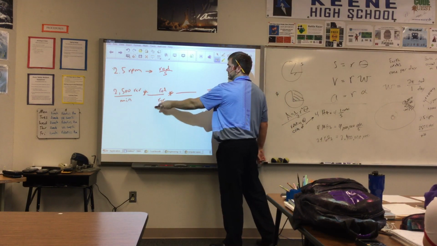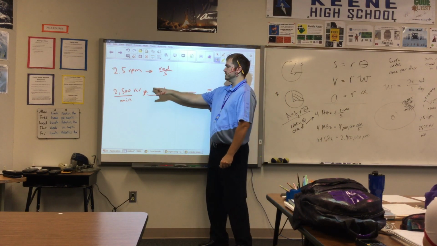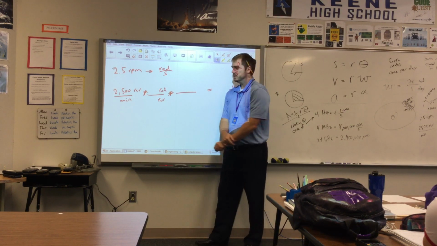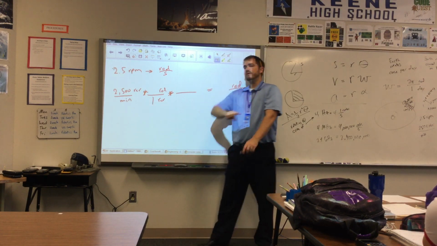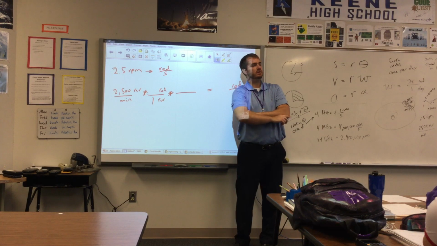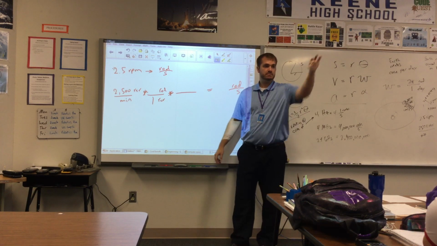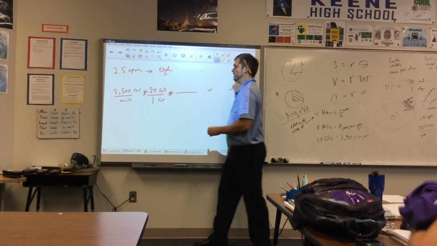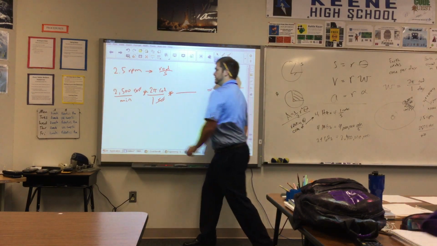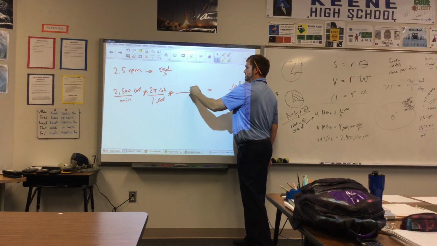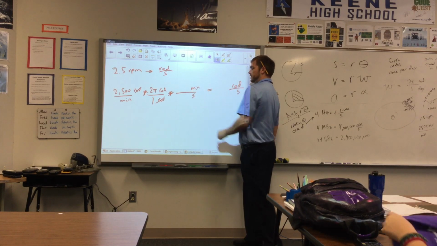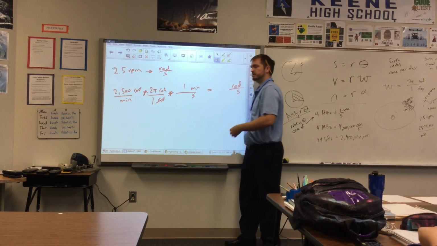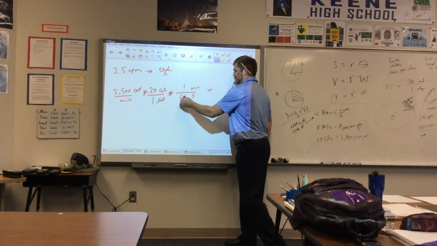Now let's think about the relationship between revolutions and radians. 1 revolution is how many radians? 2 pi. That'll cancel out the revolutions. Then I want to get rid of minutes, so I'll put minutes up here to cancel, and seconds down here. And we all know that 1 minute is equal to 60 seconds.